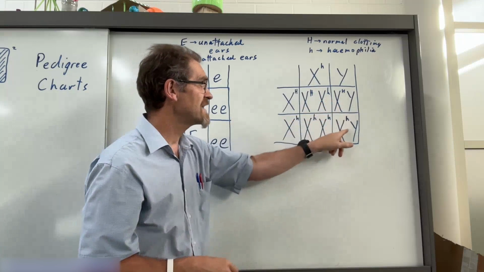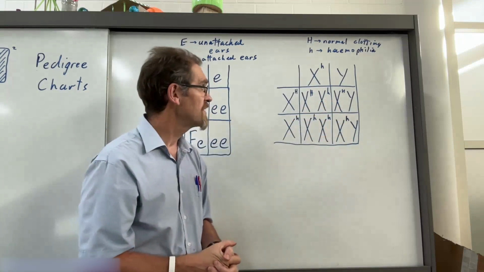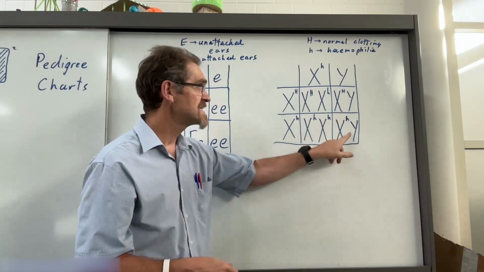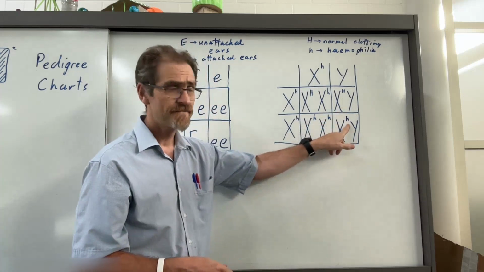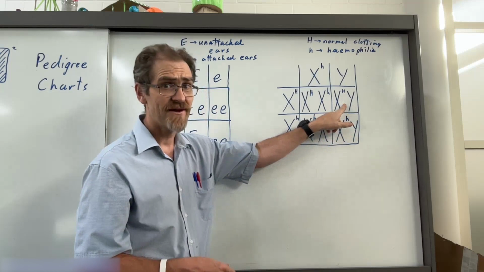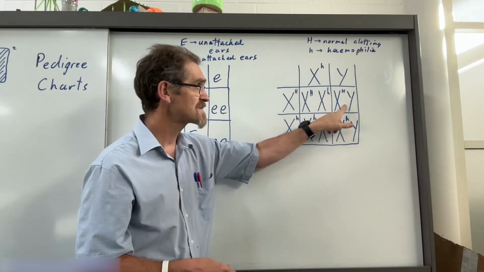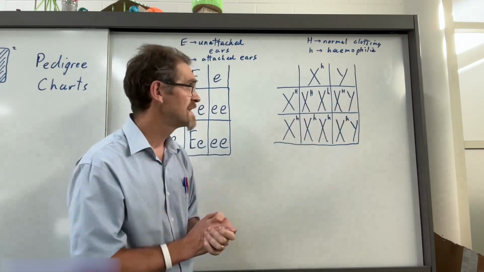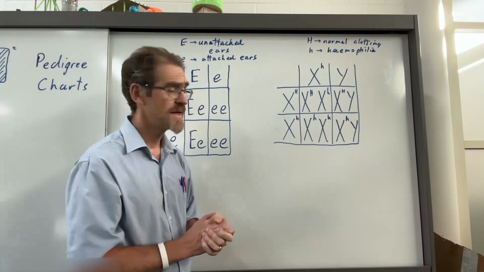And we have two males, both of whom have only one X chromosome. This male is going to be a haemophiliac. This male is not a haemophiliac and is also not a carrier of the condition. This male only has one X chromosome. That X chromosome has the dominant good clotting allele.